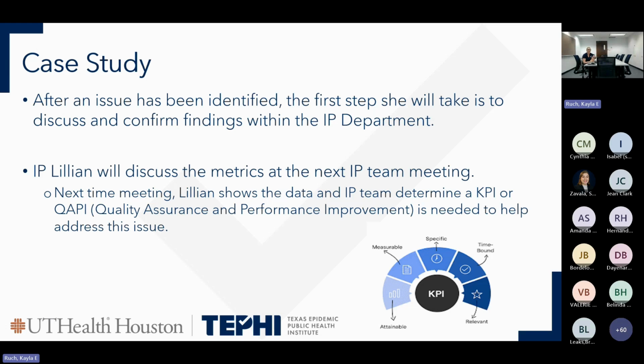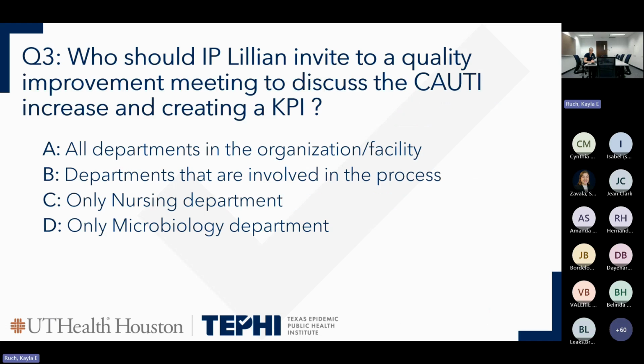So at the next IP meeting, she's looking at the data, presenting it to the IP team, of what specific KPIs, or key performance indicators, or quality assurance and performance improvement, QAPI, is needed to really help address this. Is there a problem? Based on this information, everyone agrees that, yeah, there is a problem, especially that we shot up from 2 CAUTIs in Q1, 3 in Q2, up to 6 in Q3.